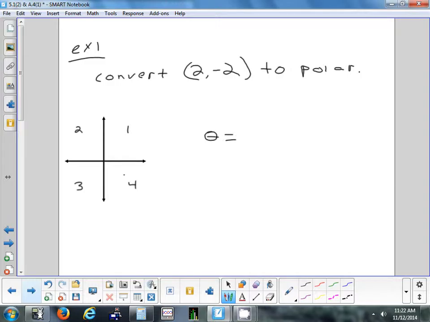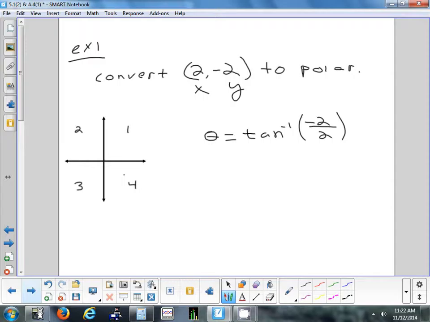In quadrant 4, do I need to add 180 to my answer? Nope. It's just the inverse tangent of, what goes on top, x or y? Y. Inverse tangent of y over x.